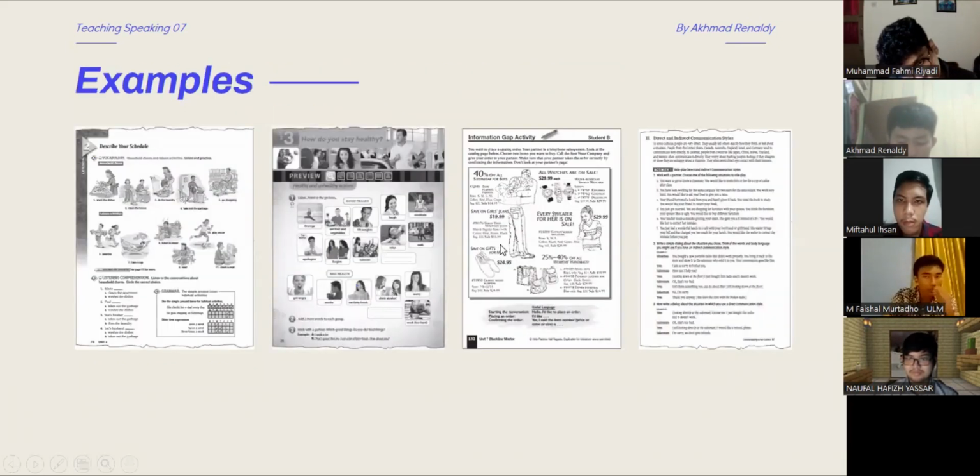Now, next are some example tests and activities from a textbook that illustrate teaching various aspects of conversation. The first picture is an activity for beginners and involves conversation about daily schedule using the simple present tense.